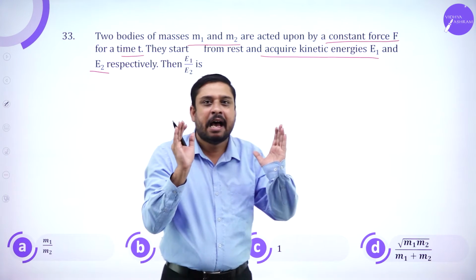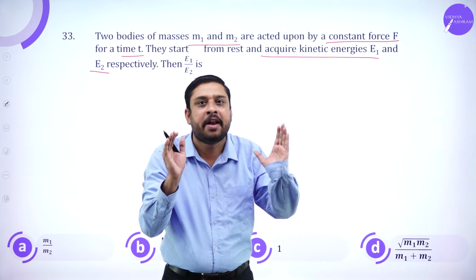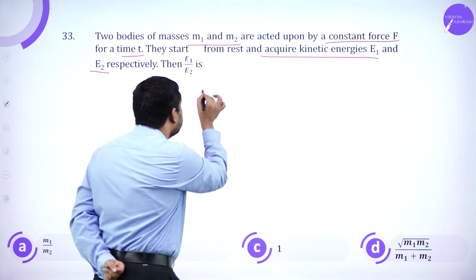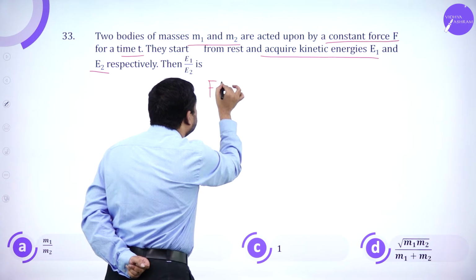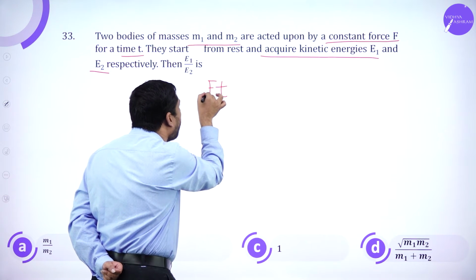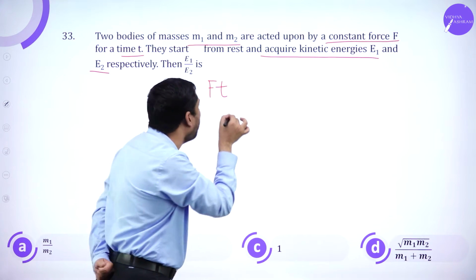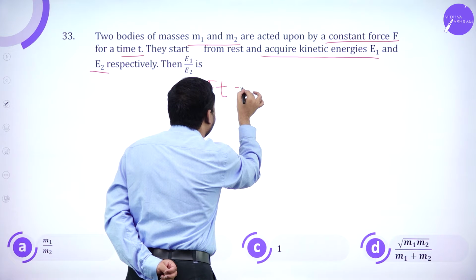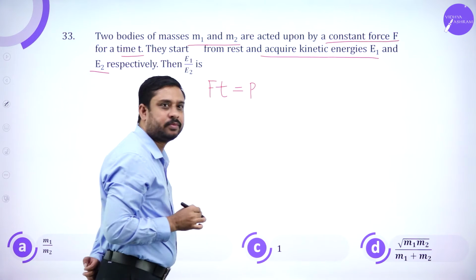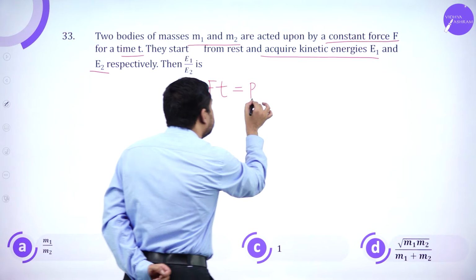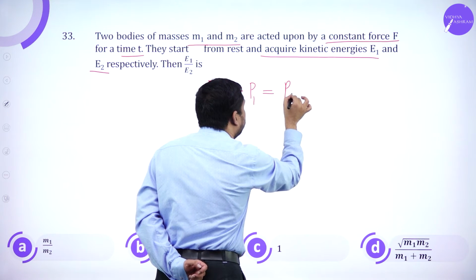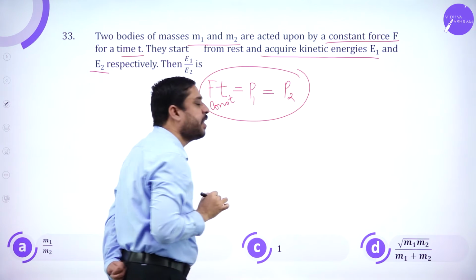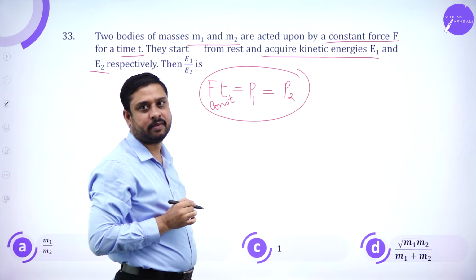See, the bodies are acted upon by a constant force for a time t. So if you are considering force into time, constant force acts on both the bodies for a time t. And this is what you call P, momentum, which means both of them have the same momentum because they are acted upon by a constant force.